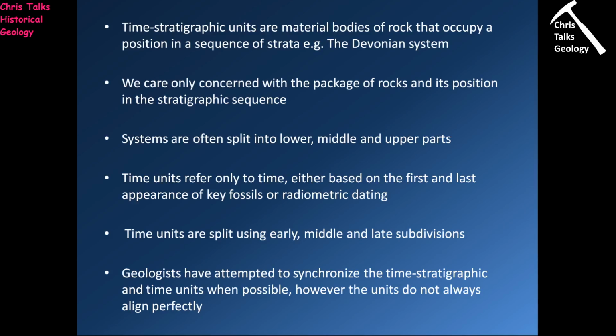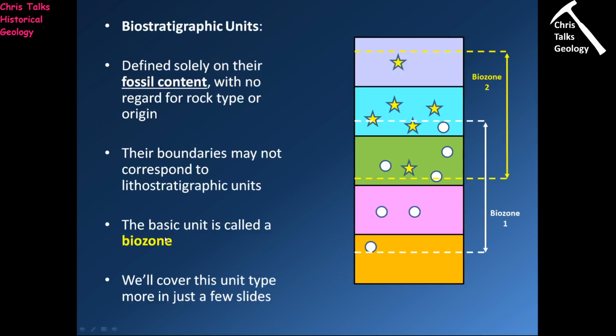And so this means that where the time stratigraphic unit begins may not be the same location where the time unit begins. So if we just go back a few slides to this picture here, imagine this is our sequence for, let's say, the Devonian.